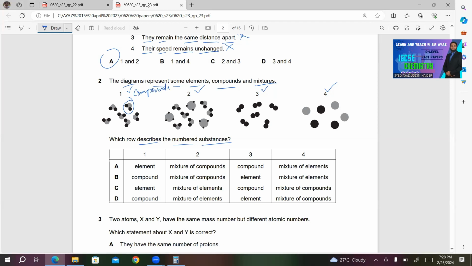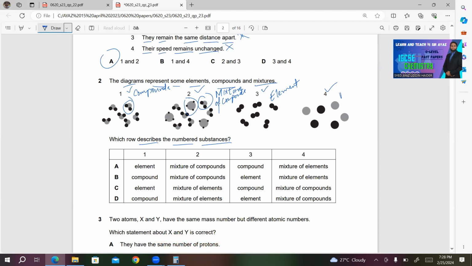In number 2, you can clearly see that there are two different types of compounds present, so it's a mixture of compounds. In 3, we have a molecule of the element because you can see the same type of atoms joined together forming an element. What about 4?